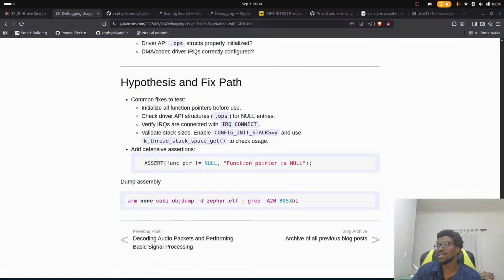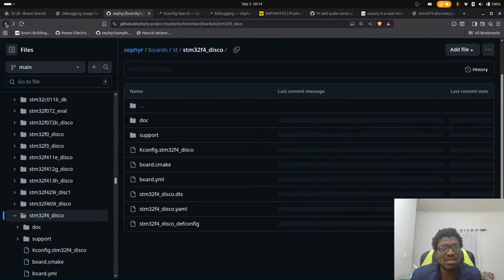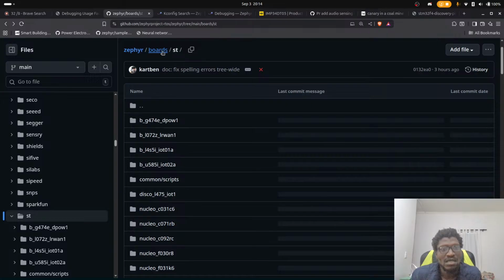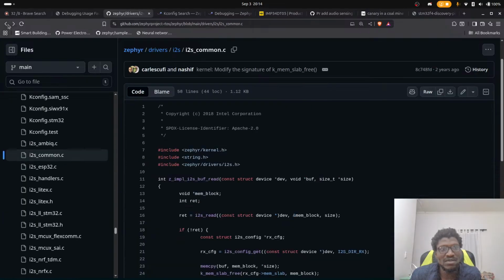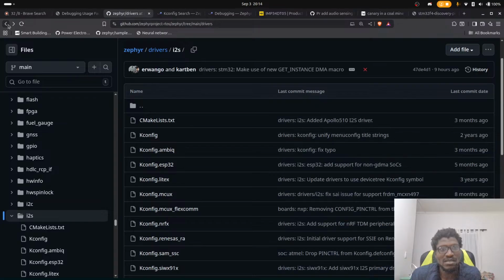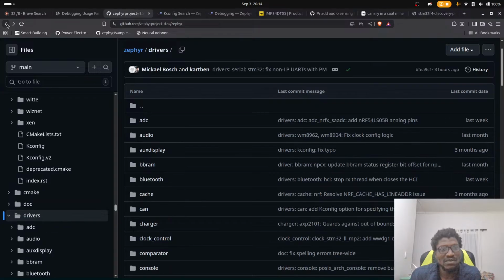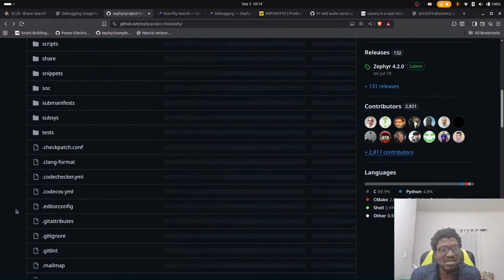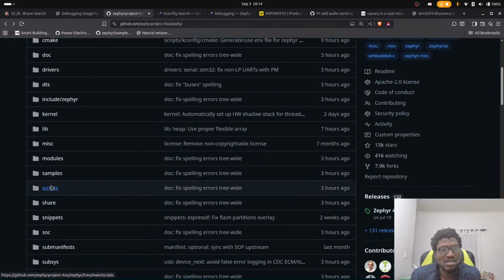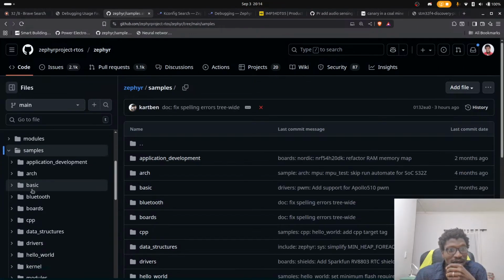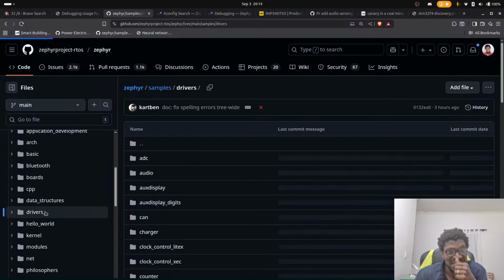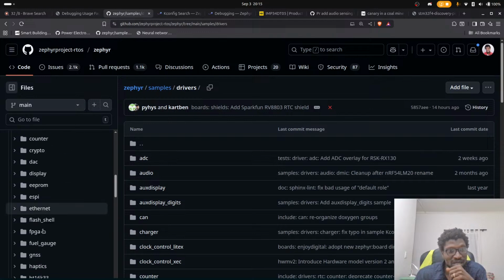The code we're working on now is actually not that, but is this I2S codec, I2S driver. I think it's somewhere here. No, not even that. It's in samples, drivers, I2S.